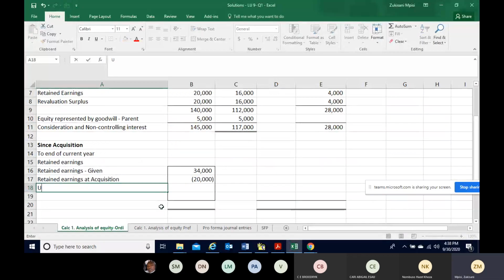So now it means we have to take out unrealized profit on closing inventory, which is 5,000 multiplied by 33 and a third. I want to think it's 5%. I'm not sure, but let us quickly see.